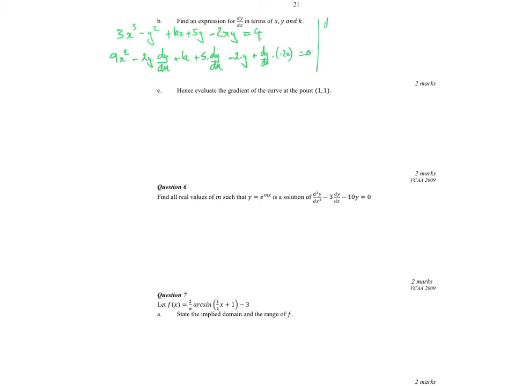So let's get dy dx outside of. Is there a positive term there? There's a 5. So I'll fill out with a 5 minus 2y minus 2x is equal to 2y minus k minus 9x squared.